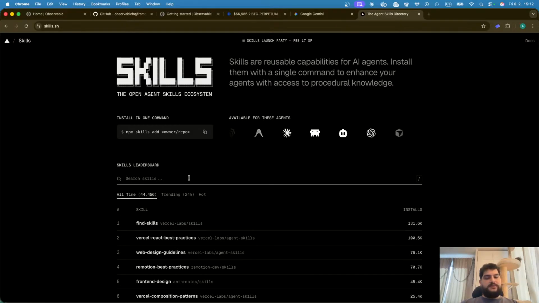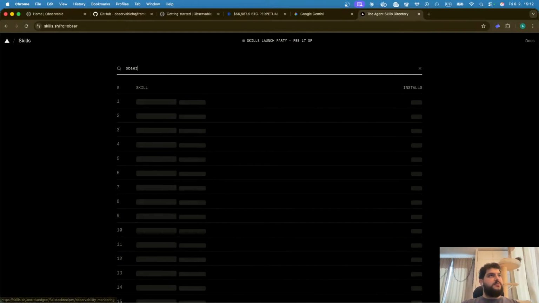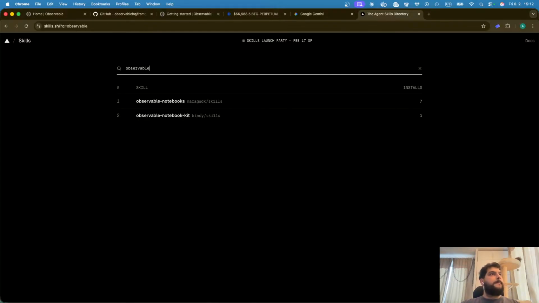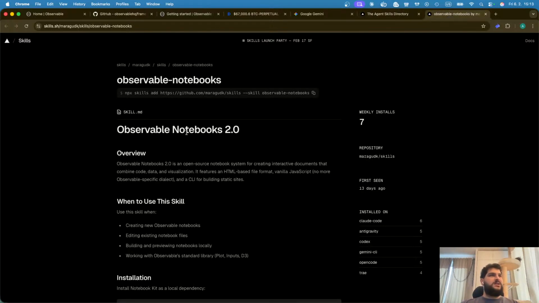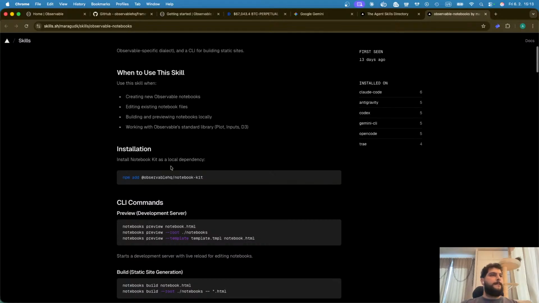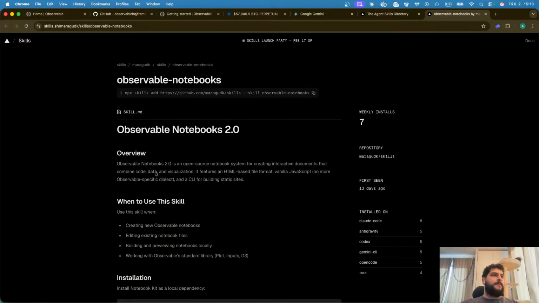And let's see if there is Observable. Observable notebooks. Maybe it is the one. Let's check it out. Observable Notebooks 2.0 is an open source notebook system.